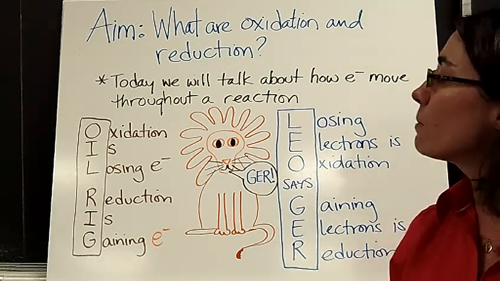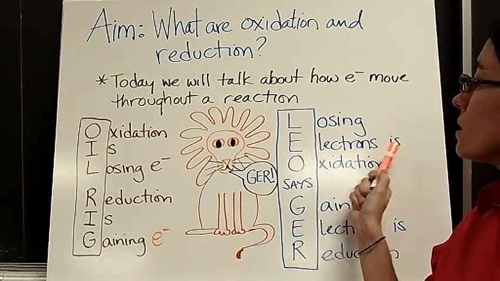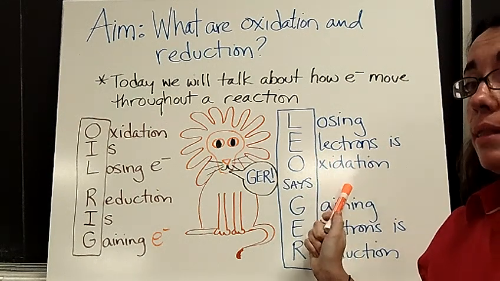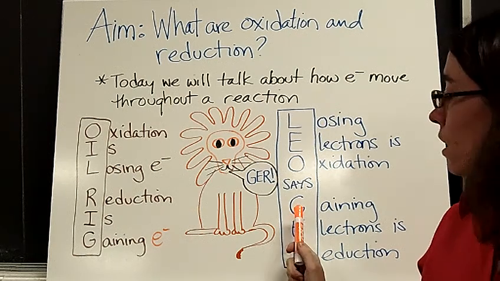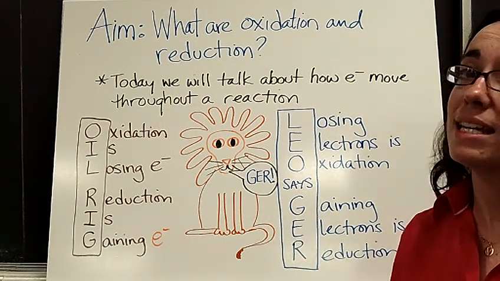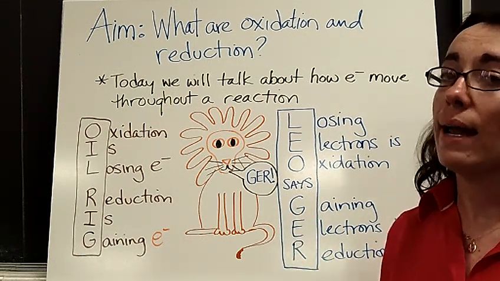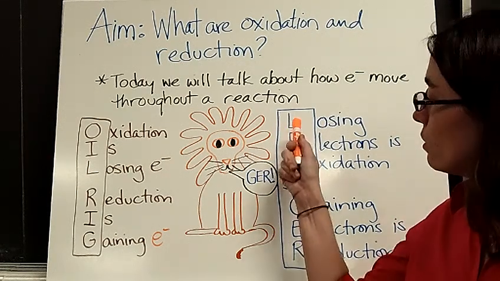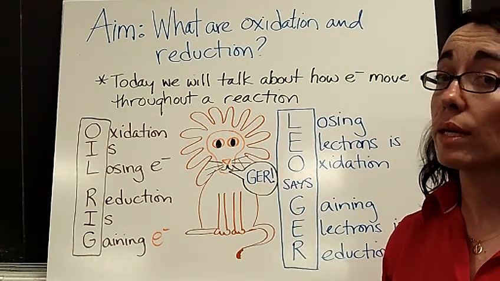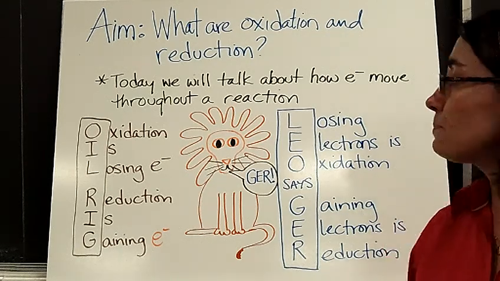That's what helps me remember that losing electrons is oxidation, Leo. And he says grr, spelled a little funny. Gaining electrons is reduction. Whenever I do oxidation and reduction problems, I actually write this mnemonic device right towards the top of my paper.